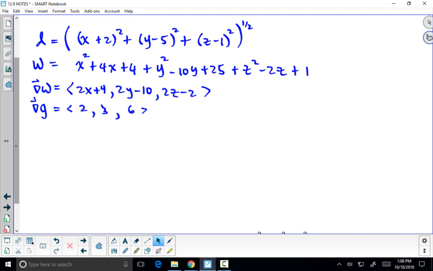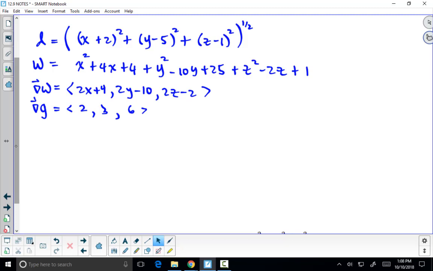So it's not the plane that we're minimizing, it's the actual distance between the point and the plane. If you imagine a plane and you imagine a point, you can imagine finding the distance between any points on the plane and our given point P. So we want to minimize that. We want to find the least of all the possible distances to the plane. So we're going to minimize the distance formula subject to the equation of the plane.